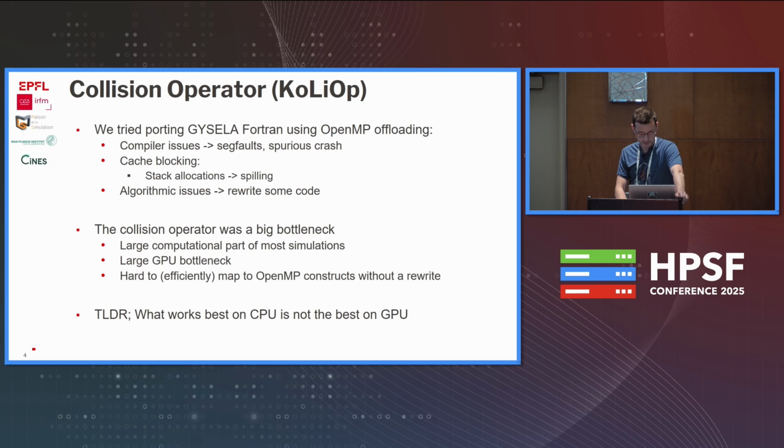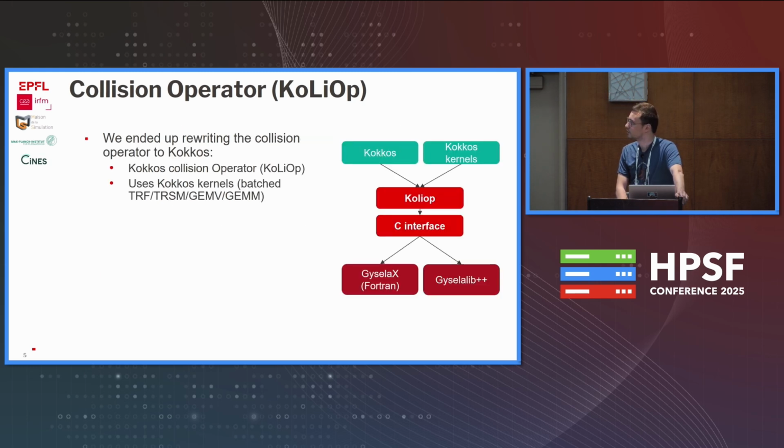So yeah, what works best on CPU is not necessarily what works best on GPU. And so we ended up rewriting this operator. We used Kokkos and Kokkos kernels, and only that. We didn't want to have many dependencies. And using a C interface, we are able to provide that fast implementation on GPU on both the Gisela Fortran code and then the new library, which I'm going to present next.